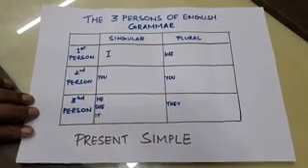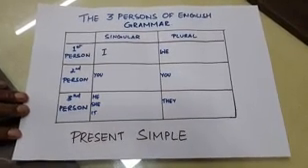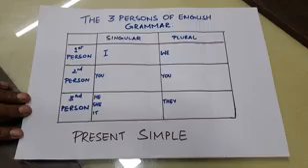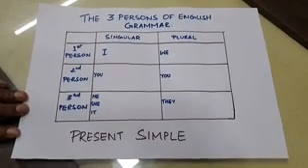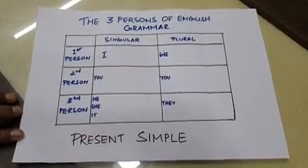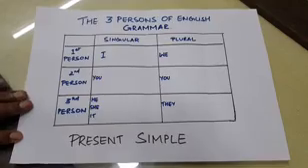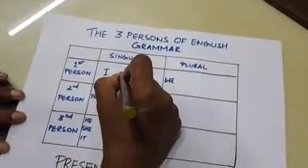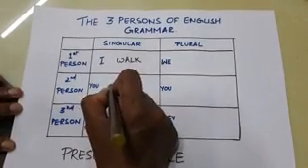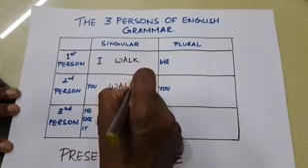Let us look into what the English grammar rule says about its usage. The English grammar rule says that the verb takes its base form or root form with the first and second person singular. That is, with I walk and you also walk.